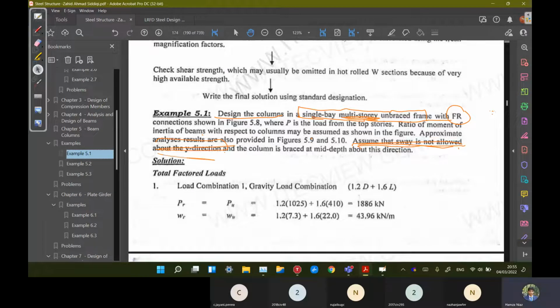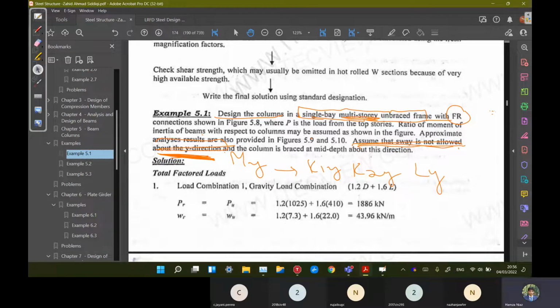So about the y direction, what does that mean? What would be affected? My. That means k1y, k2y, and Ly would be affected.